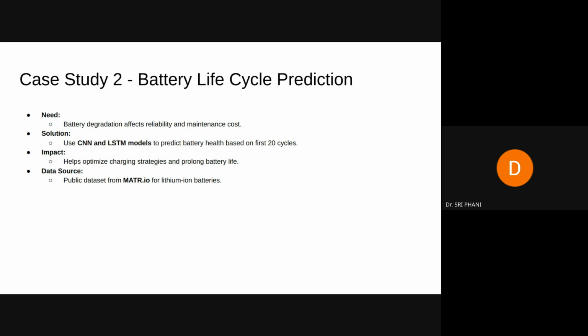Next, the second case study we did is battery life cycle prediction. Based upon the existing dq by dt's of the first 10 charge and discharge cycles, we want to predict how many charge and discharge cycles are remaining until the battery goes dead.